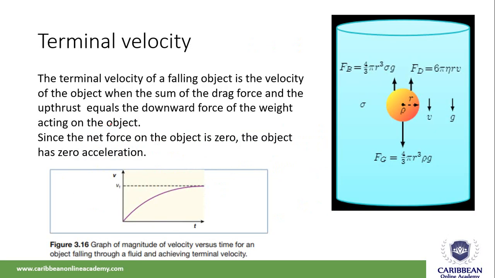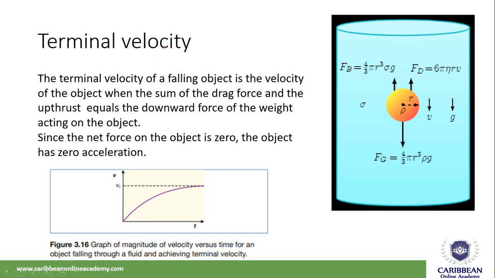So as it relates to terminal velocity, when an object is falling through a viscous fluid, we know that because the object is moving, there's going to be a point where, once the object starts to move through the fluid, the upward force is equal to the downward force.